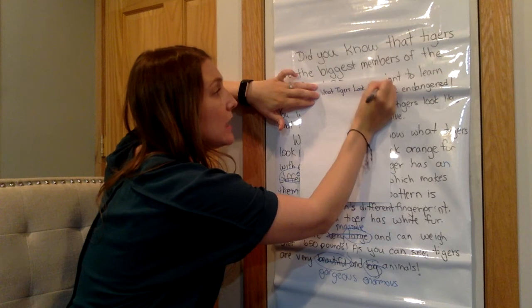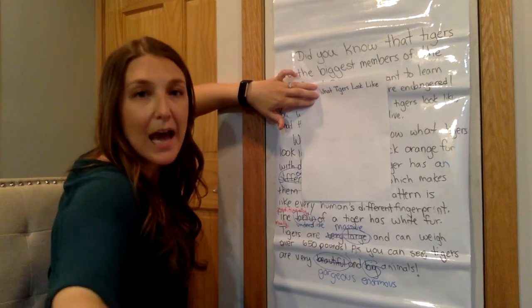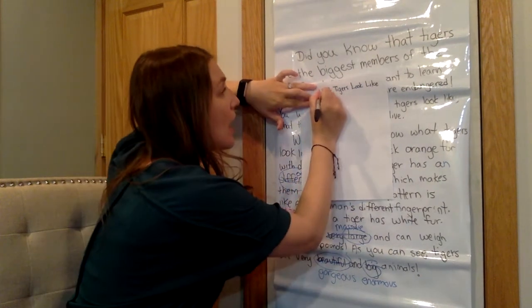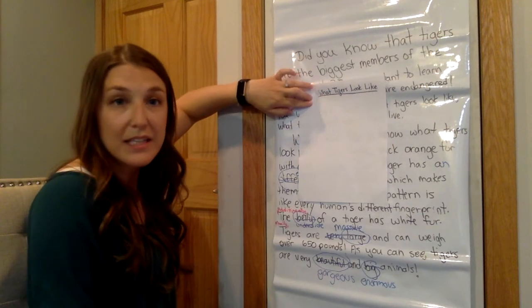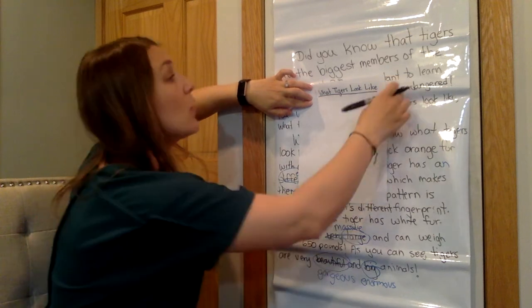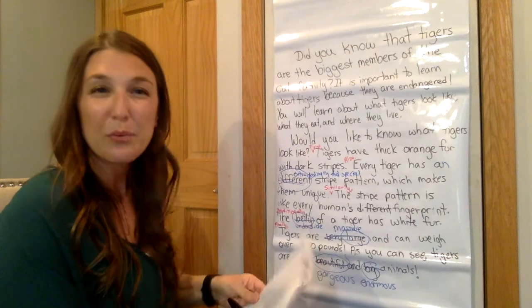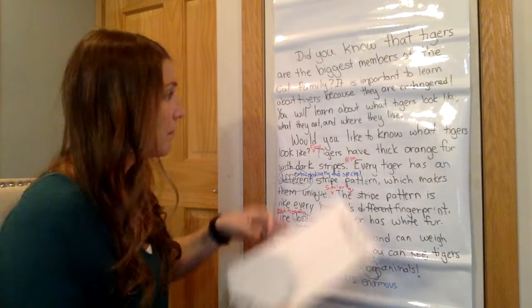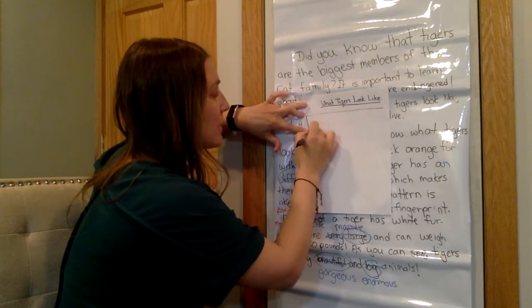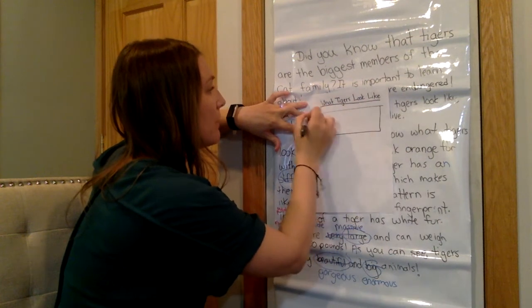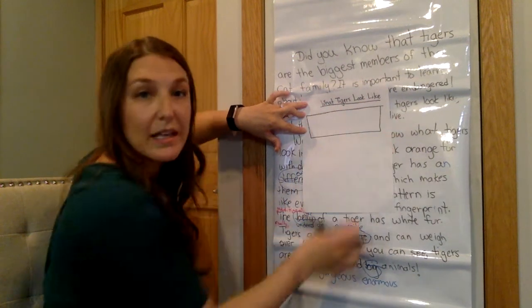Notice that each first letter is capitalized. I underline the heading. Now here I'd like to give myself a box that I can draw in. I wrote a pretty long paragraph here, so I'm going to give myself a smaller box than I did for my introduction. And I'm going to come back to do my illustration later.